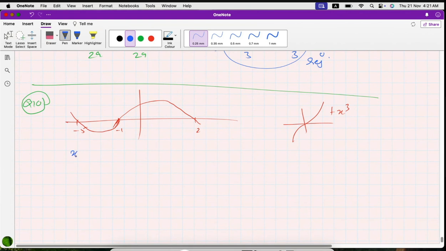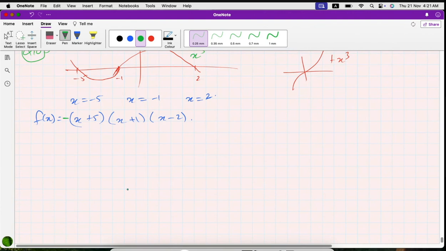So x is equal to -5, x is equal to -1, x is equal to 2, giving x plus 5, x plus 1, and x minus 2. f of x is equal to, and there you go, a negative sign, because this is a negative x cube graph.